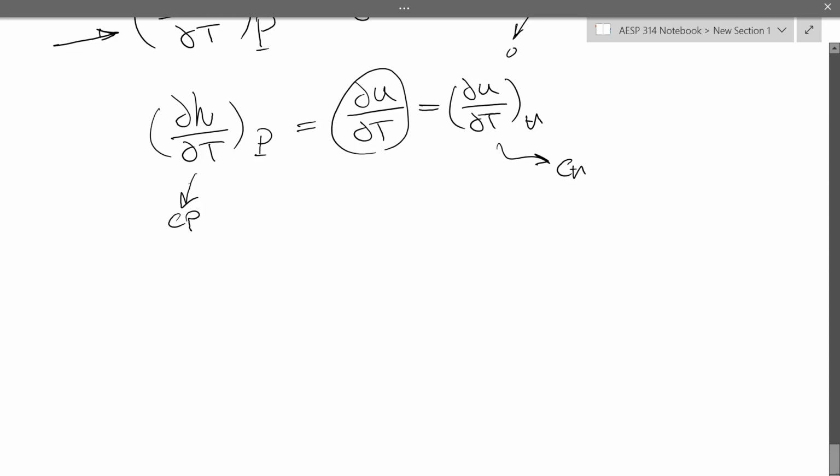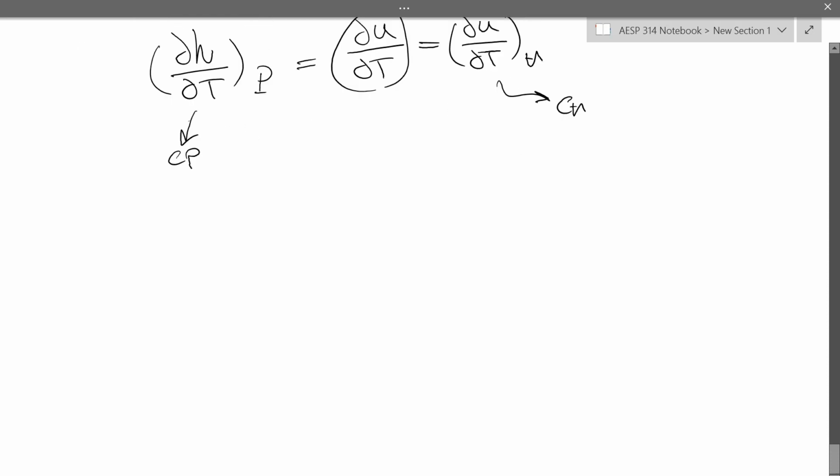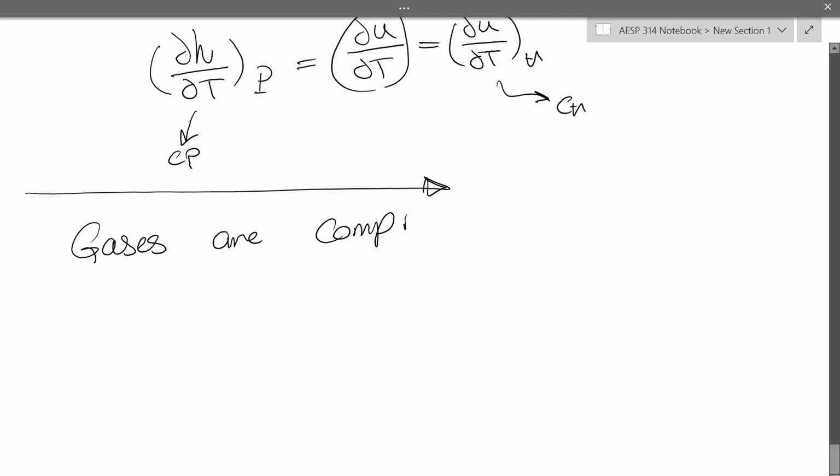What about the ideal gas, or gases in general? Gases in general are compressible. And in aerospace engineering, we are mainly flying, meaning that we are mainly dealing with gases, right?